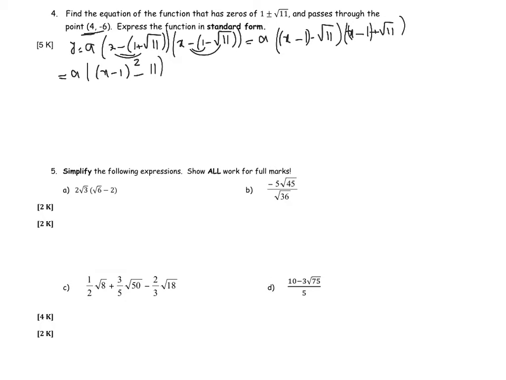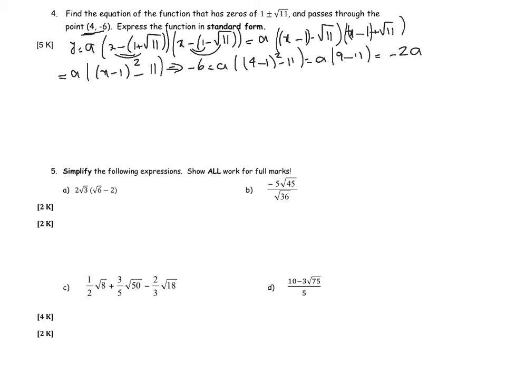It says that when x is 4, y is negative 6. So negative 6 is equal to a times 4 minus 1 squared minus 11. 4 minus 1 is 3, squared is 9. So 9 minus 11 is going to give us negative 2a.